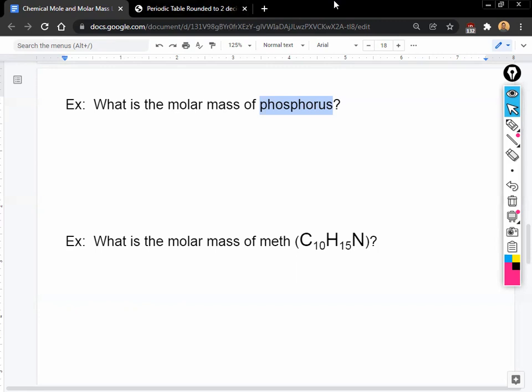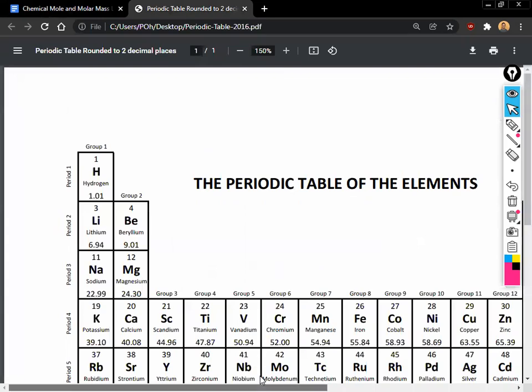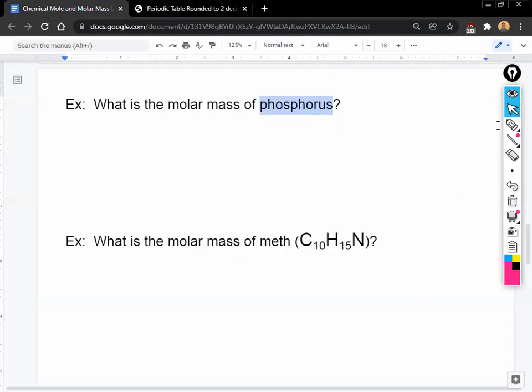My name means humble. Anyway, phosphorus. What is the molar mass of phosphorus? Yeah, 30.97. So we're going to write down 30.97. But like I said, you need to write units of measurement. There are two ways you can write the units of measurement. The first way is the way I just showed you.